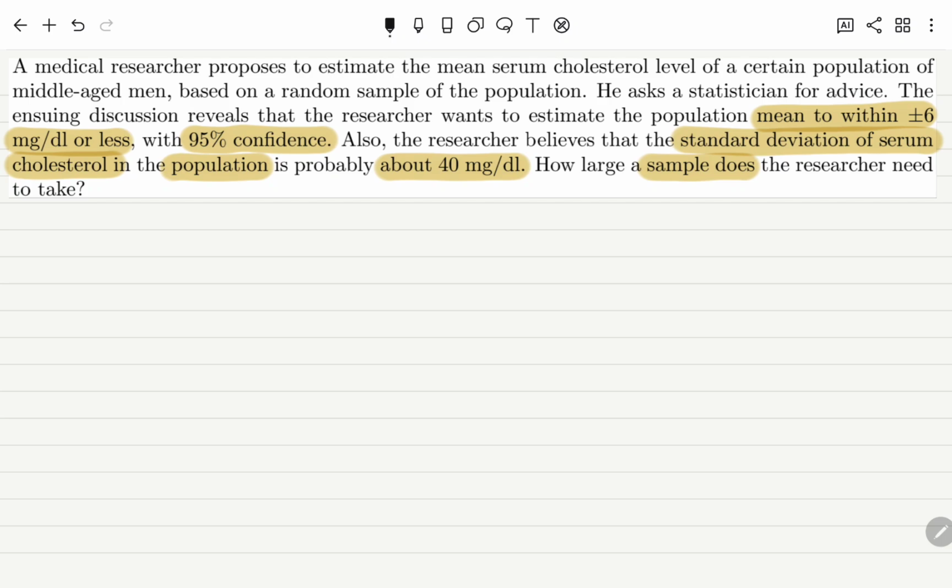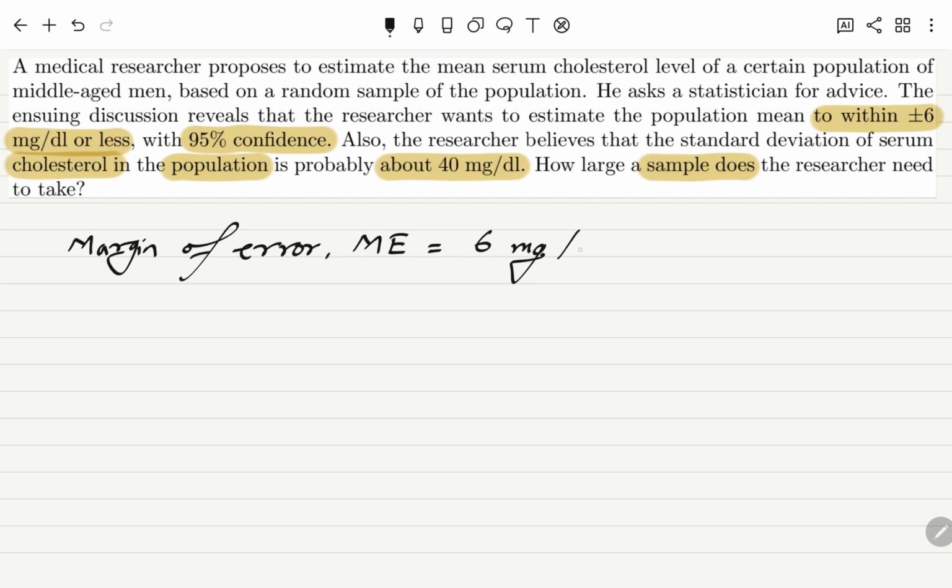So let's start off by writing up all the information that we highlighted. So the mean to within plus or minus 6, which is this piece of information here. So we know that that's the margin of error. So margin of error, which I can denote by ME, is given by 6 milligrams per dl.